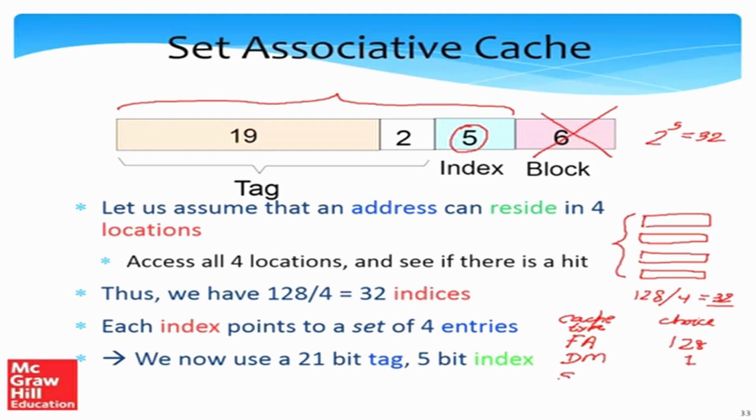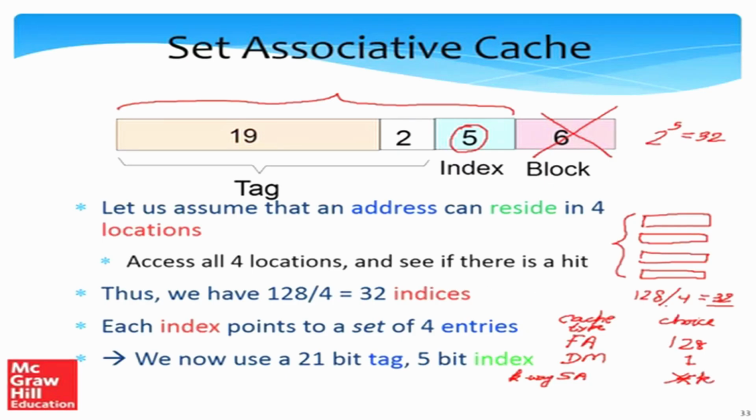In a set associative cache, our choice in this case is 4, which means that the line can be anywhere in a set of 4 entries. So in general, we can define what is called a k-way set associative cache, where k is the number of entries in each set. So instead of 4, it will become k. This particular example is a 4-way set associative cache.